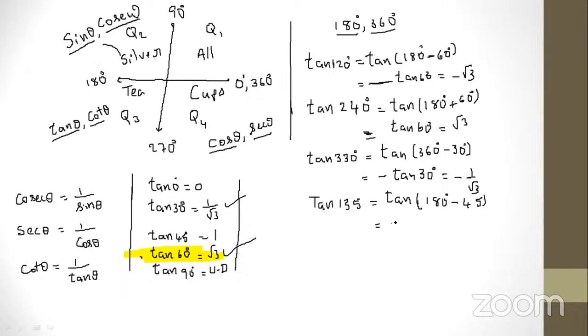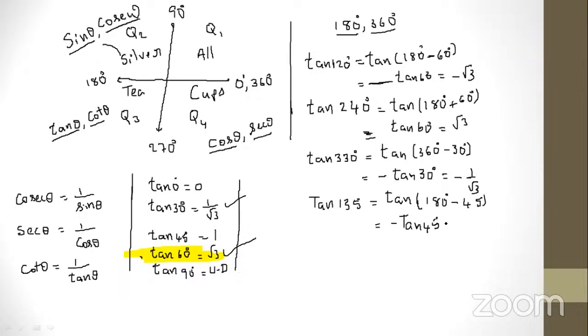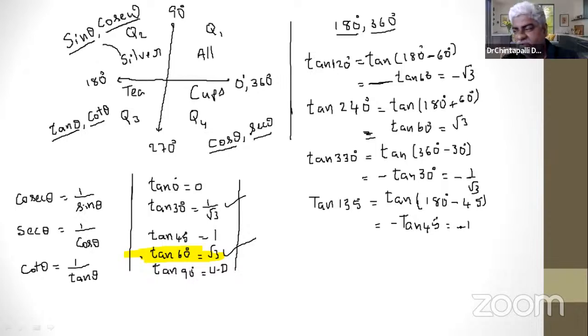Very good. Negative tan of 45 degrees. Tan 45 degrees is 1, so its value is negative 1. That's why tan 135 degrees is equal to negative 1.